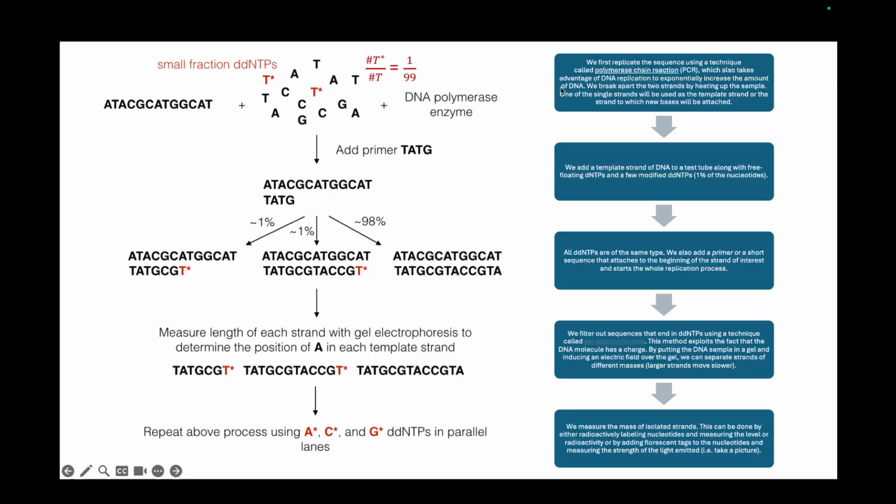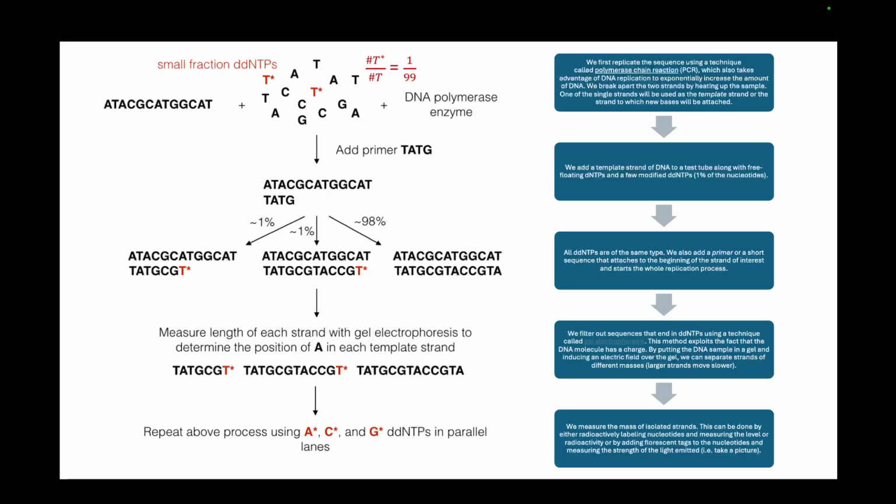In the first step, on your right, I have shown the steps using a flow chart. At first we replicate the sequence. If you have a strand of DNA, you replicate the sequence using a technique called polymerase chain reaction, PCR, which is a very commonly used technique nowadays.